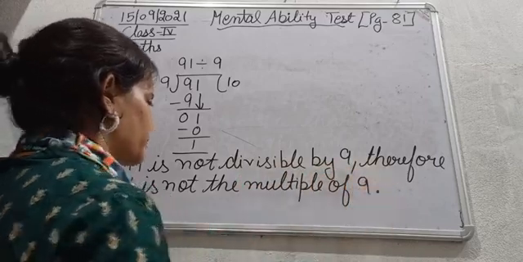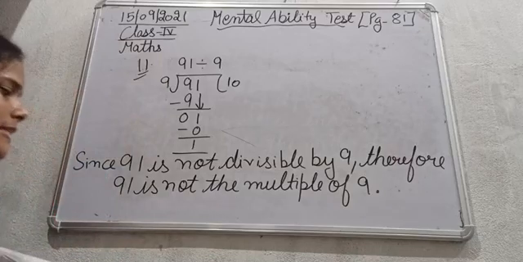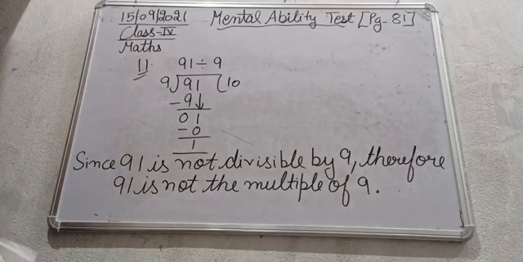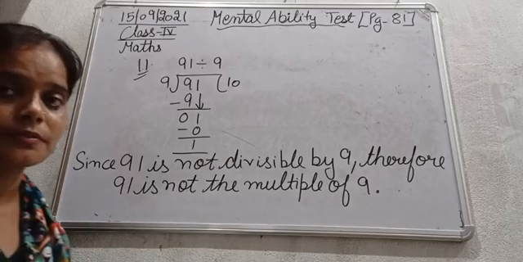So this is the reason. Since 91 is not divisible by 9, therefore 91 is not a multiple of 9. So this is the solution of question number 11. You can pause it here and note it down in your notebooks.